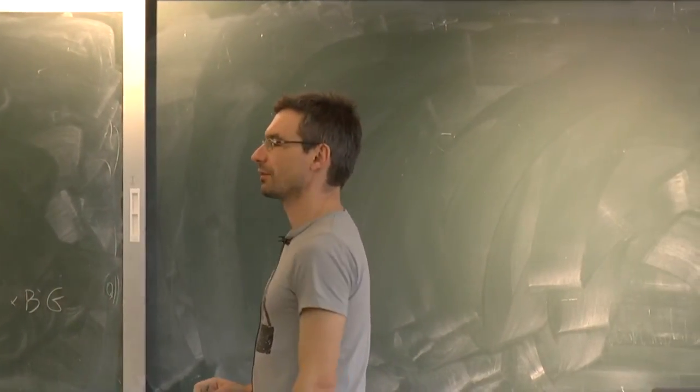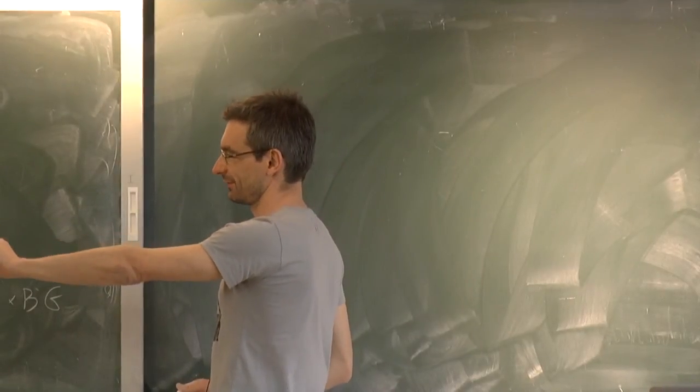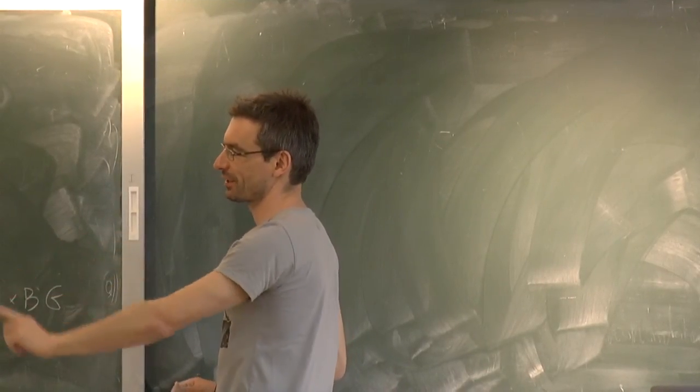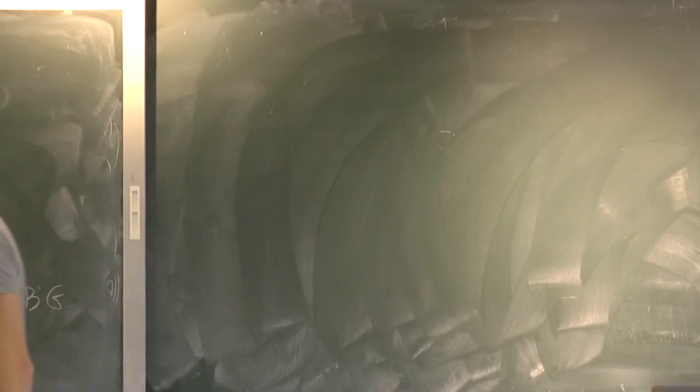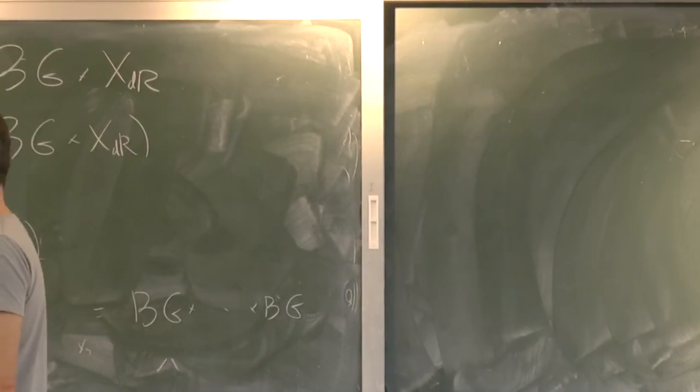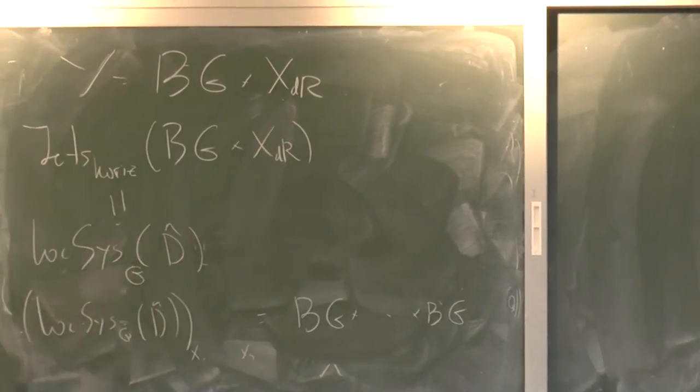Okay, Sasha, if you want to ask the question, ask the question. I'm trying to say why local systems on the formal disk is the same as BG. So what do you think formal local systems on the formal disk are? Just take the space of connections quotient by the group, and then you can easily see that any one is gauge equivalent to the constant.